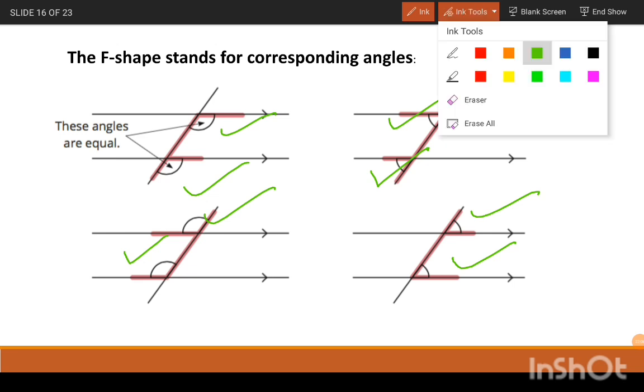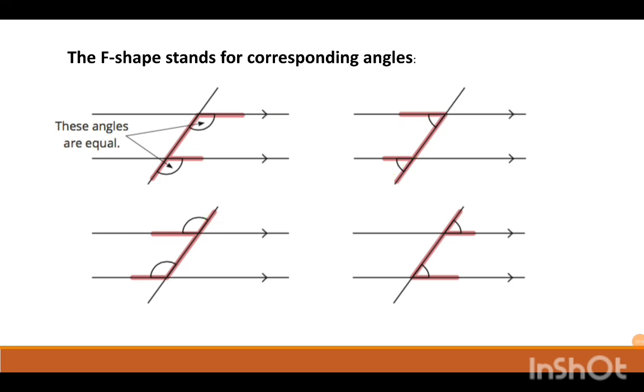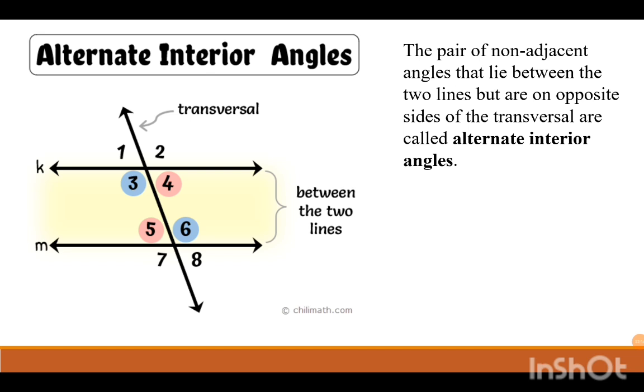The next is alternate interior angles. As the name suggests, alternate, so we need to look at one on the left, the other on the right, and one above, the other one below. They are the pair of non-adjacent angles that lie between the two lines, but on opposite sides of the transversal.